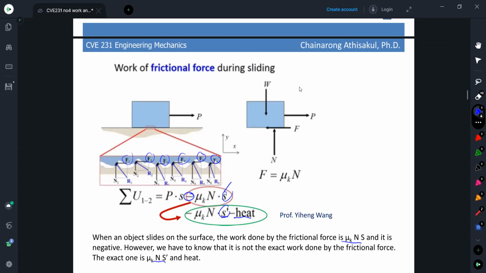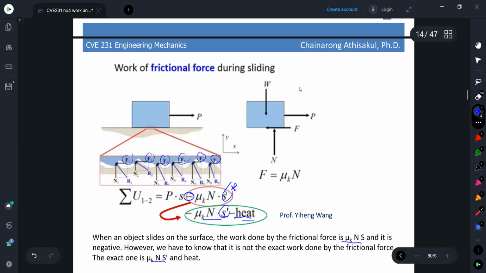We normally find that there is heat also. So this term is reasonable because it is composed of two terms: mu k N s prime and heat.